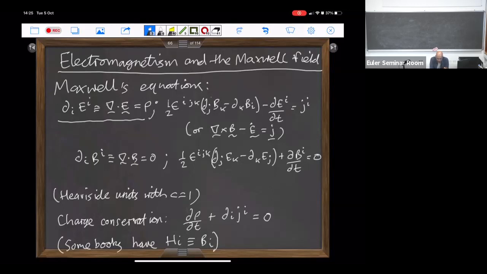The first equation tells us that the divergence of the electric field is equal to the charge density, rho. The second equation tells us that the curl of the magnetic field minus the time derivative of the electric field is equal to the current, J.